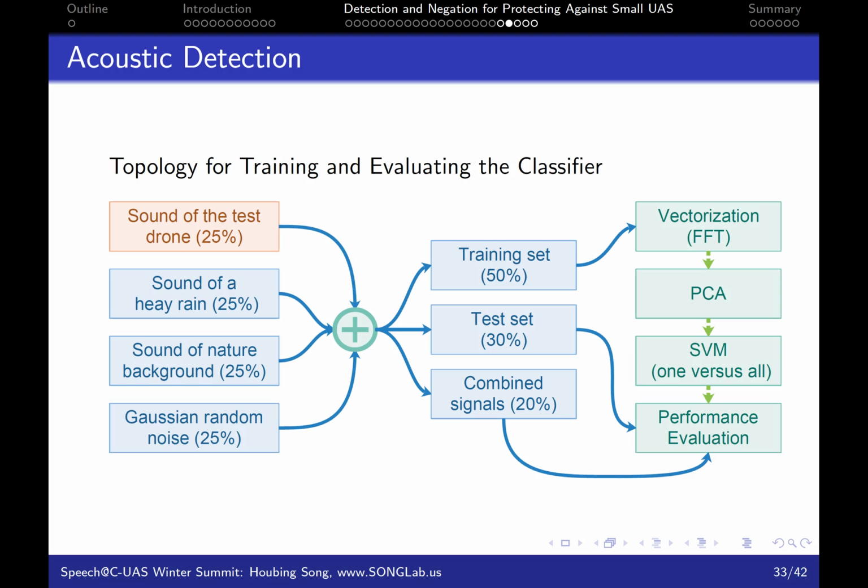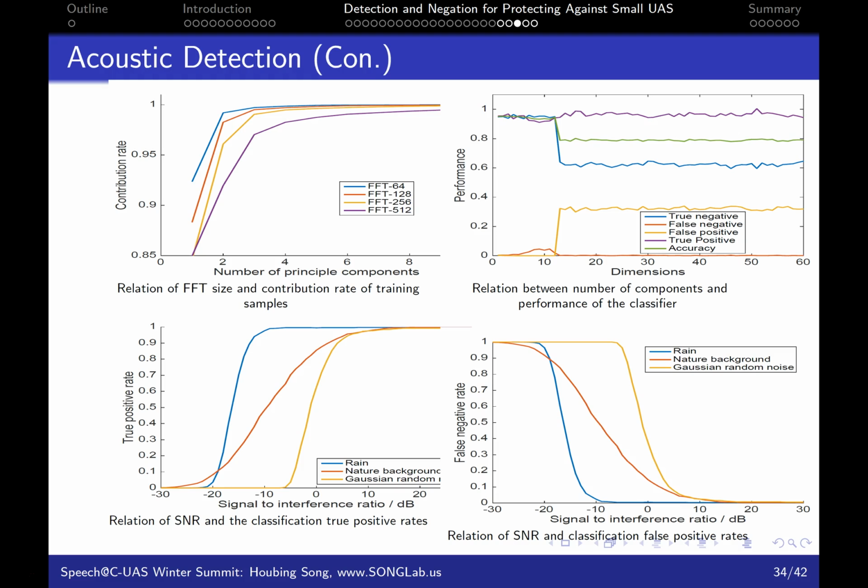This is our topology. Here is our acoustic detection result. I showed the relation of FFT size and the contribution rate of training samples. We use four different FFT sizes. Also, I showed the relation between the number of components and the performance of the classifier.